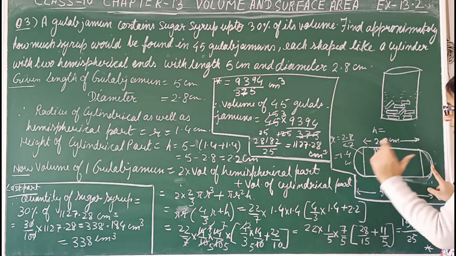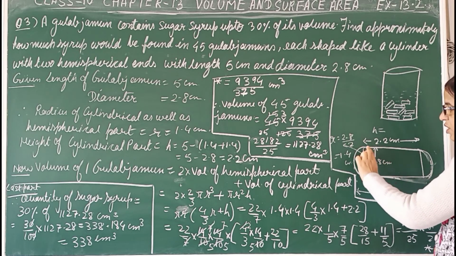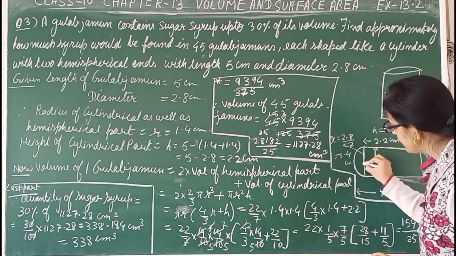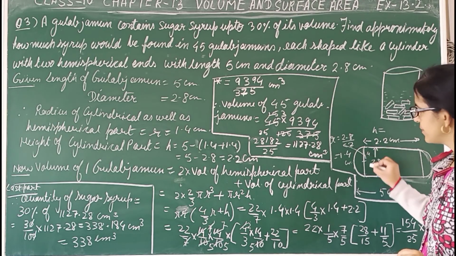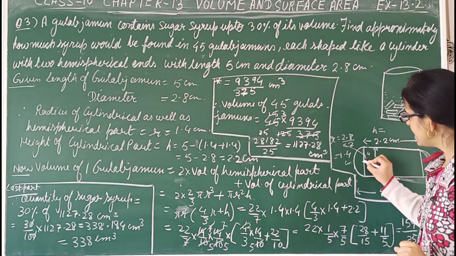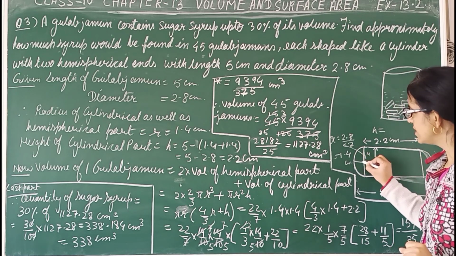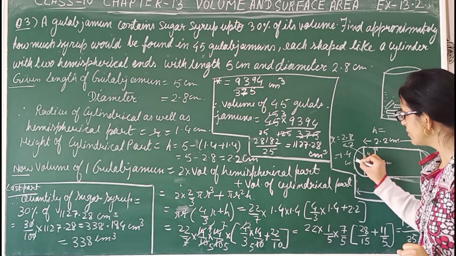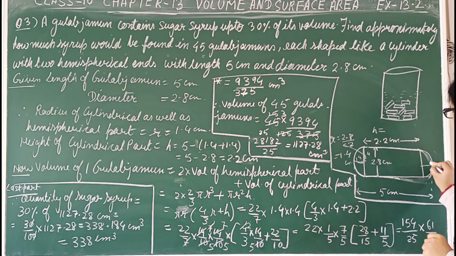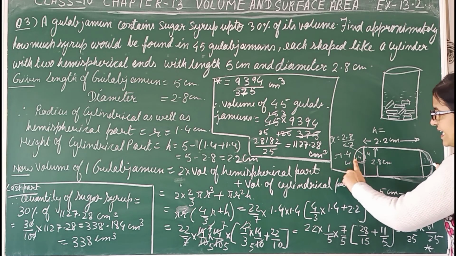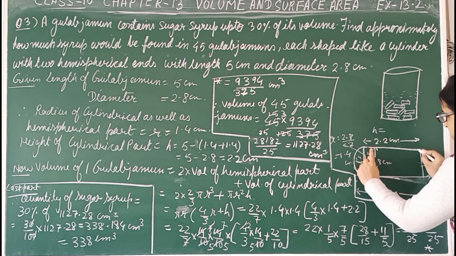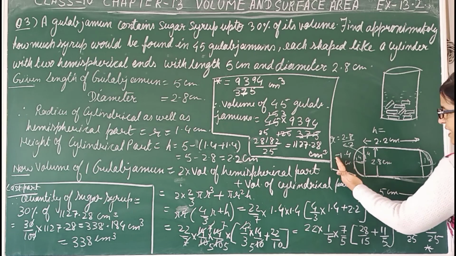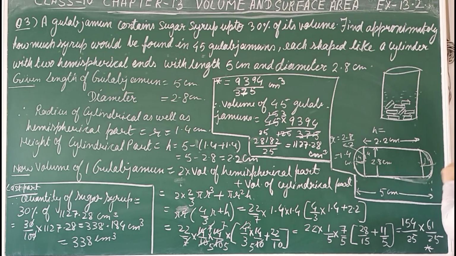Diameter is 2.8. So if this whole is the diameter, and if I consider the hemispherical length, each is 1.4. So this length is 1.4. The radius, this one, is also 1.4. So similarly this will be 1.4. So the whole length is 5, this is 1.4, this is 1.4. So the cylindrical length or the cylindrical height will be the total length minus 2 into 1.4.